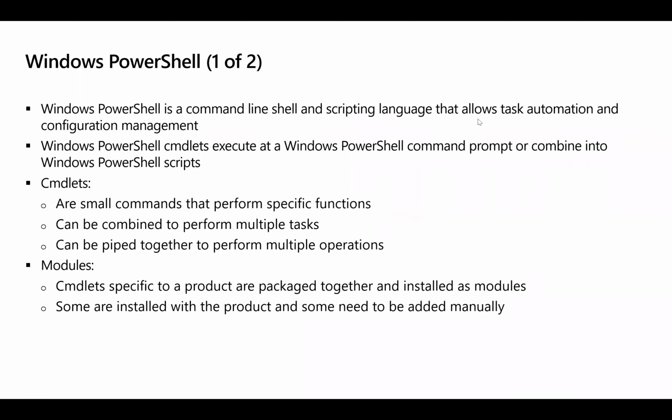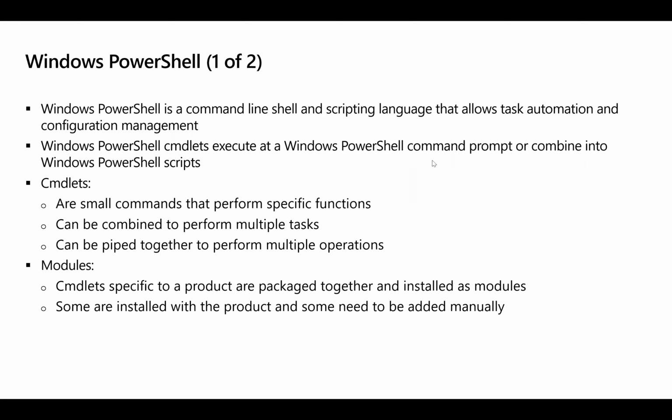PowerShell will allow task automation. So this is our title, automation, we're all about automation, and configuration management. There are many config management tools like Docker, Chef, Puppet; the equivalent in Windows before was PowerShell. Though Docker, Puppet, and Chef can automate deployment using those technologies on Windows too, PowerShell is native to Microsoft, so it prefers to run Microsoft commands.